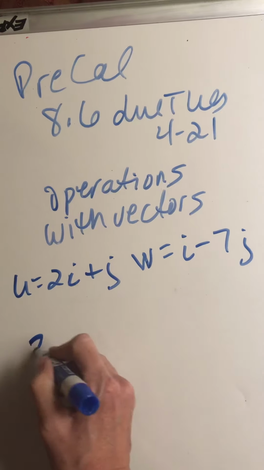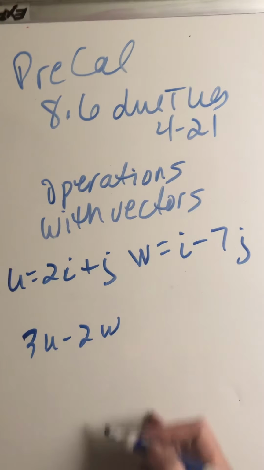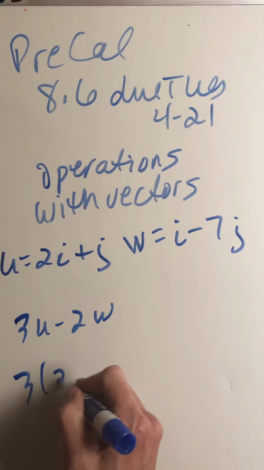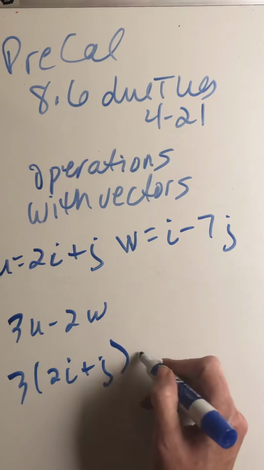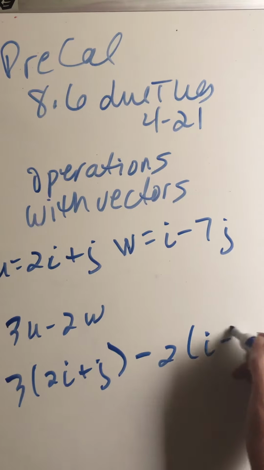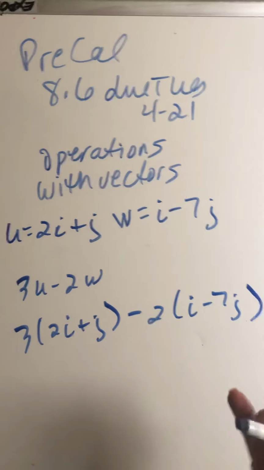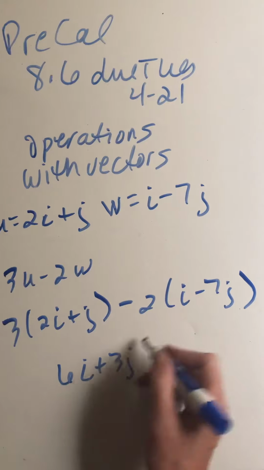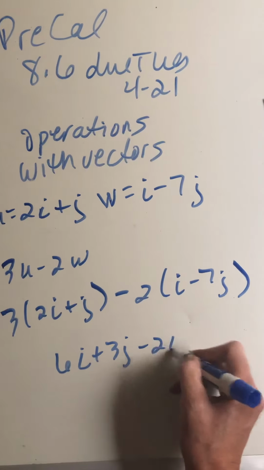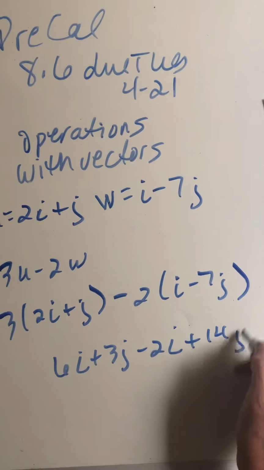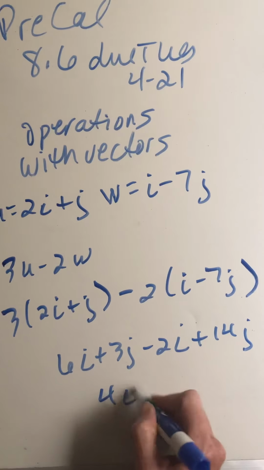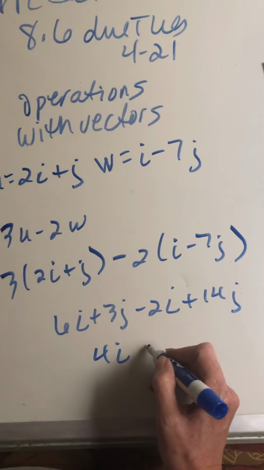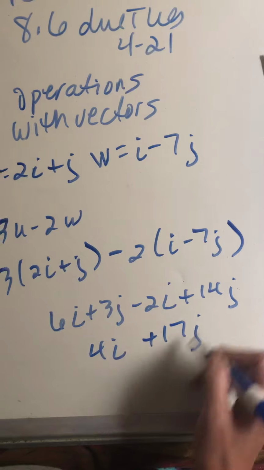So we're asked to find 3u minus 2w. So 3 times 2i plus j minus 2 times i minus 7j. Easy. It's distributive. 6i plus 3j. Here you're actually distributing in a negative 2, so negative 2i plus 14j. Combine like terms, 4i, I wrote it correctly, said it wrong, plus 17j.